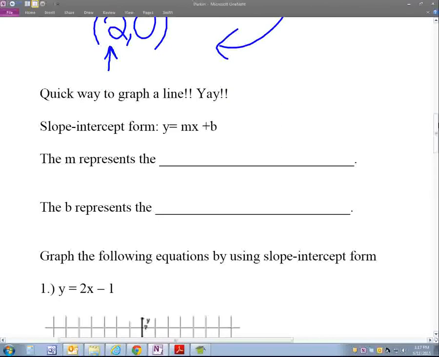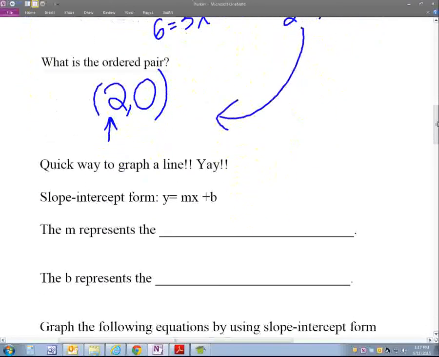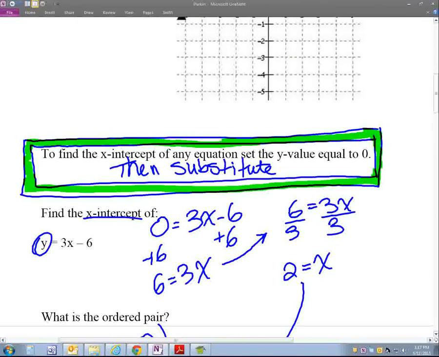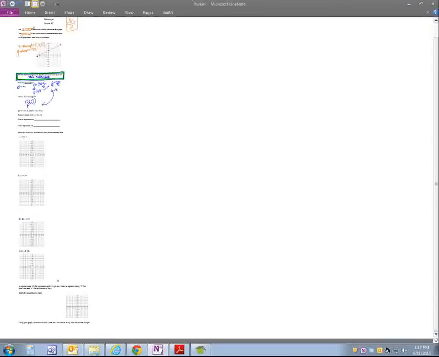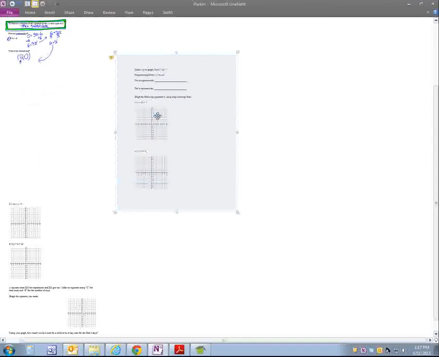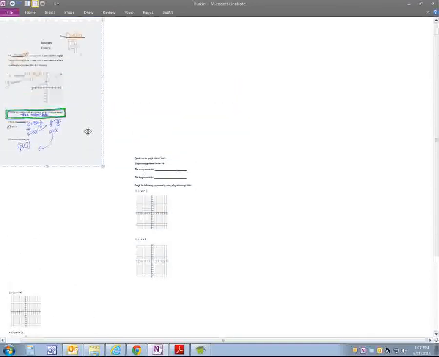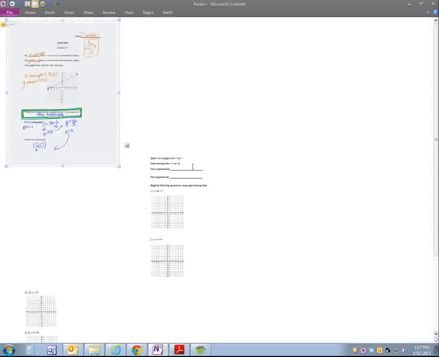Another one. Whoops. Whoa, wait a second. Did I skip a whole page? Hold on, let me freeze this. Yeah, I missed a page. This might be interesting.